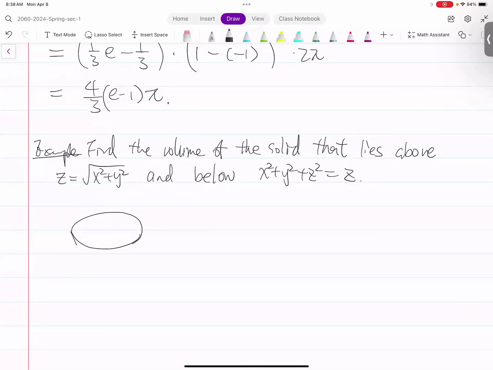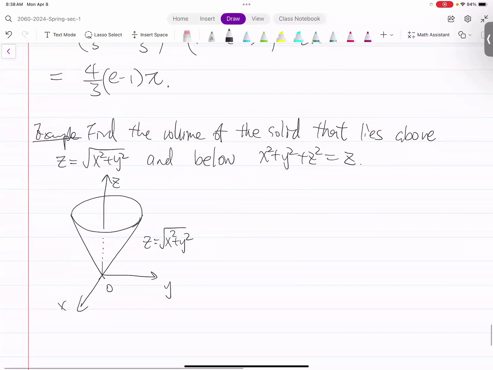So you know the shape of the cone. x, y, z. So z equals the square root of x squared plus y squared.